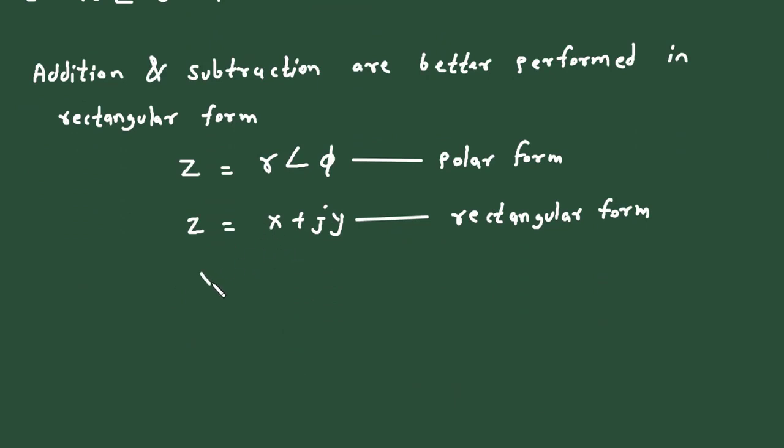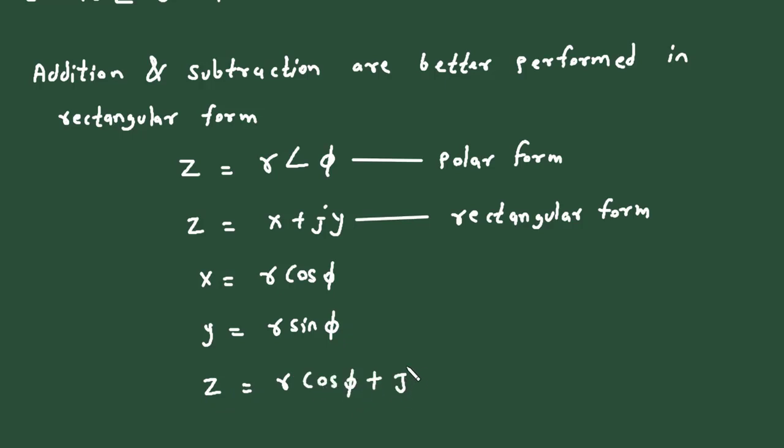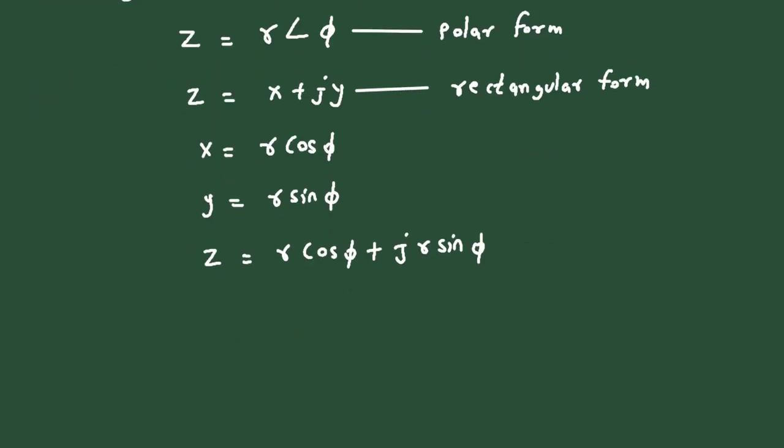That means we need the value of X. So X is equal to R cos phi and Y is R sin phi. So Z is equal to R cos phi plus JR sin phi. In place of X we can substitute R cos phi, in place of Y we can substitute R sin phi. We can take this R common from here. So Z is equal to R in bracket cos phi plus J sin phi.